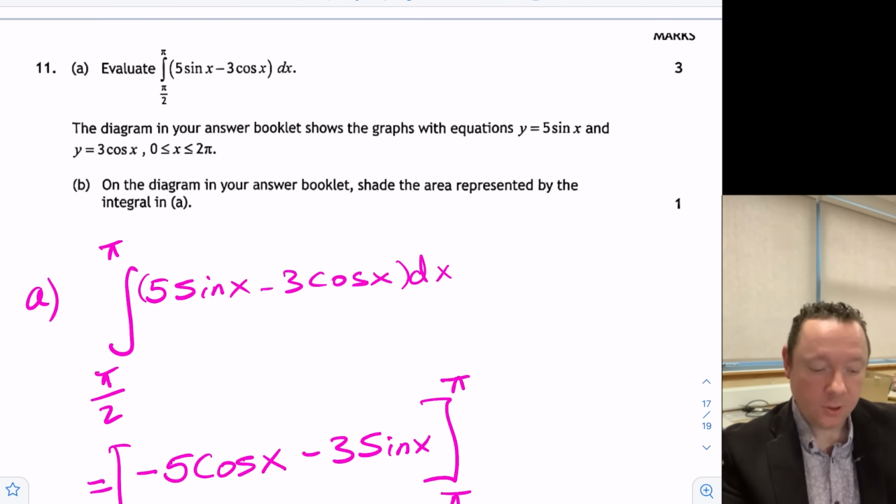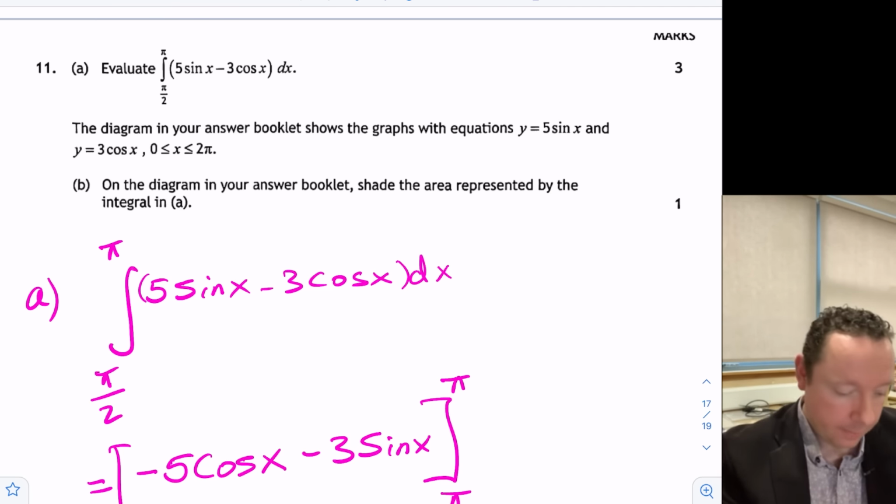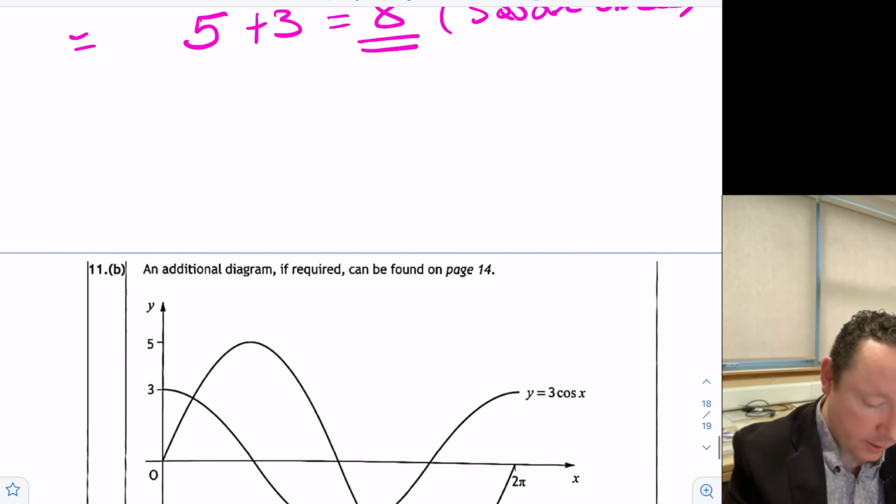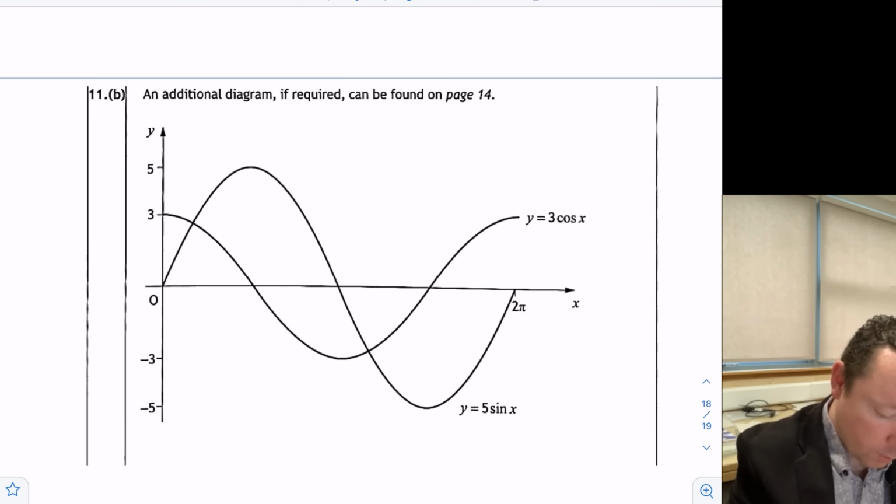On the diagram in your answer book, shade the area represented by the integral in A. So the integral is between pi over 2 and pi. There's pi, so we can mark pi. And pi over 2, 90. So there's pi over 2. So it's the bit between these.